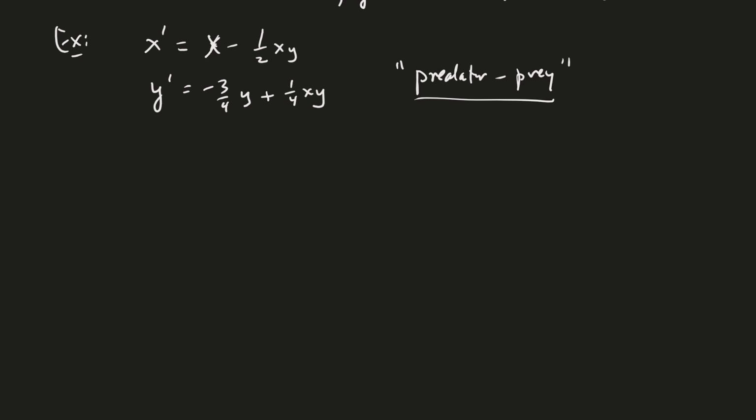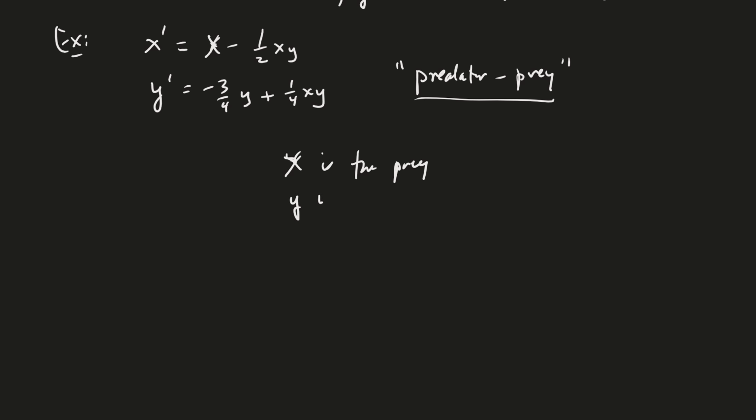And in fact, can you tell me which is the predator and which is the prey? Just by the signs, the plus and minus signs that you see here. Well, it looks like X is the prey, right? Because in the absence of the predator, X flourishes, you could say.